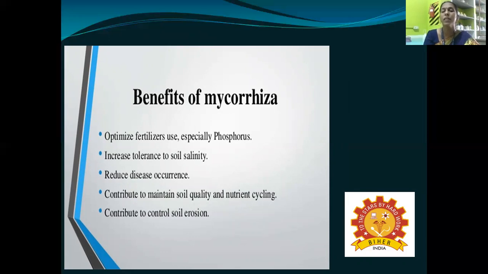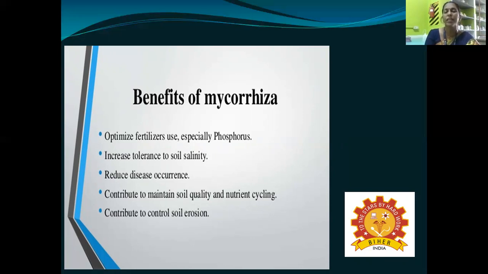It reduces disease: pathogen entry into the plant is reduced or the activity is completely blocked, therefore it acts as a barrier or protection. The host defense mechanism is well developed using this VAM, and it contributes to maintaining soil quality and nutrient cycling.